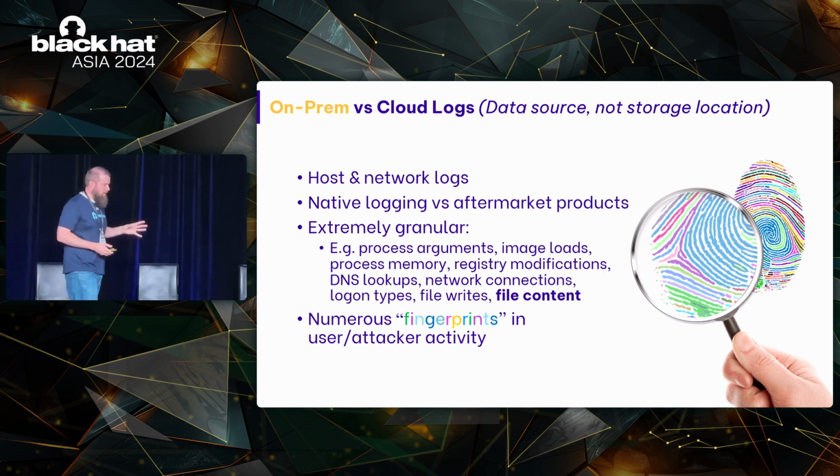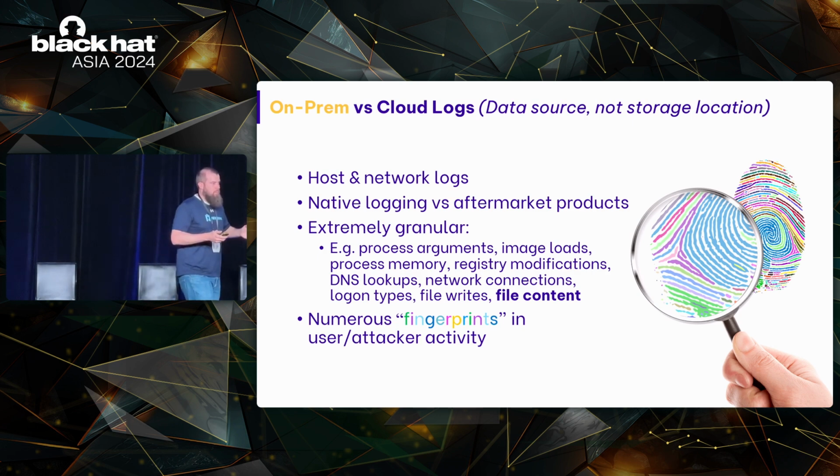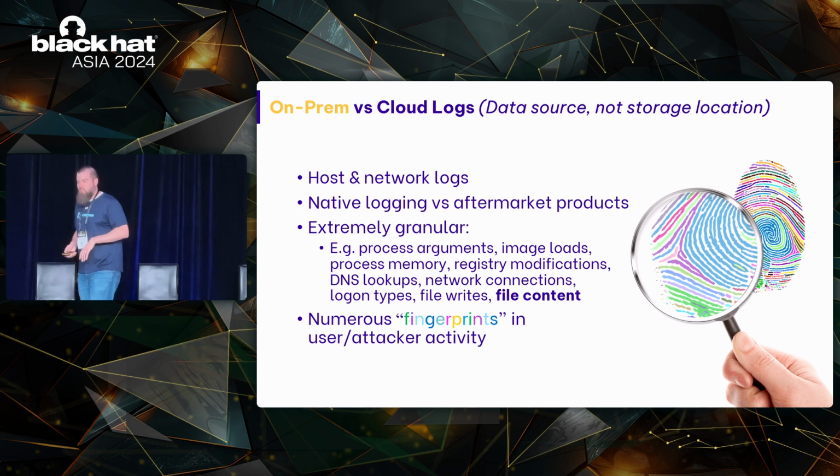I'm going to briefly talk about some of the differences, in my opinion, between on-prem and cloud logs. Now, this is not the storage location, it's more of the data source. So what are some differences between host-based logs, network logs, and then cloud logs? From a host and network perspective, they've been around a lot longer. You have more options for forwarders, for tools to look at the logs. In my opinion, they're a lot more granular.